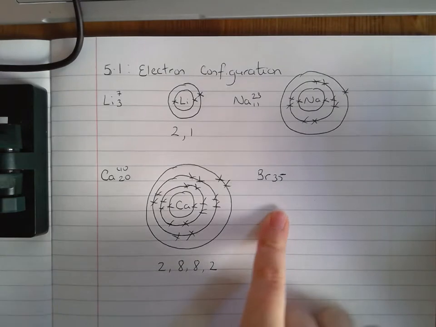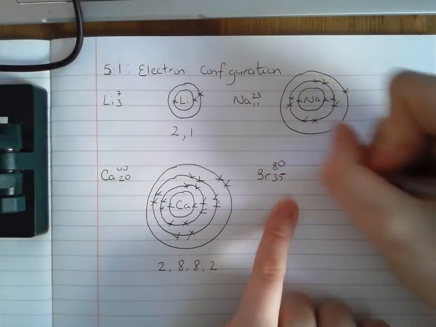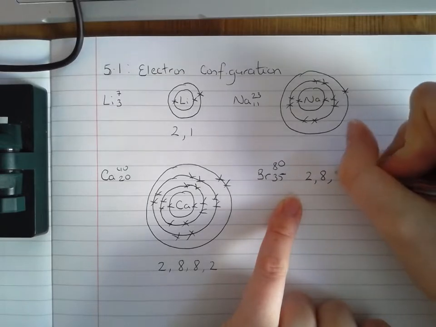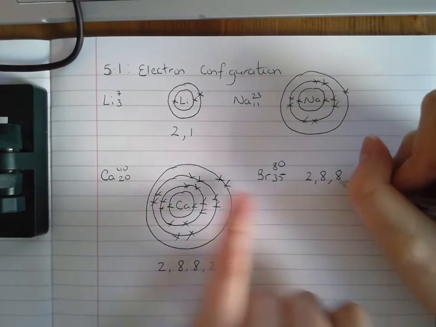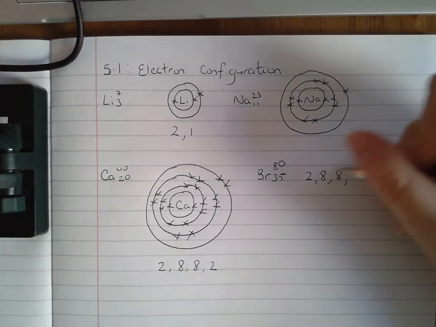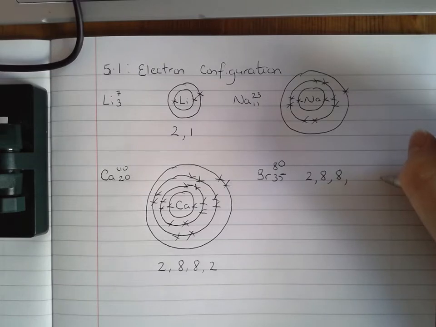It's got 35 electrons in total. In the first shell, I would put 2. In the second shell, I would put 8. In the third shell, I would put 8, just as I did for calcium. Then I would move into the fourth shell, and I would still have 17 electrons to go. I know I can't have a fifth shell because bromine's in period 4, yet I know that bromine has to have 7 electrons in its outer shell to be in group 7.